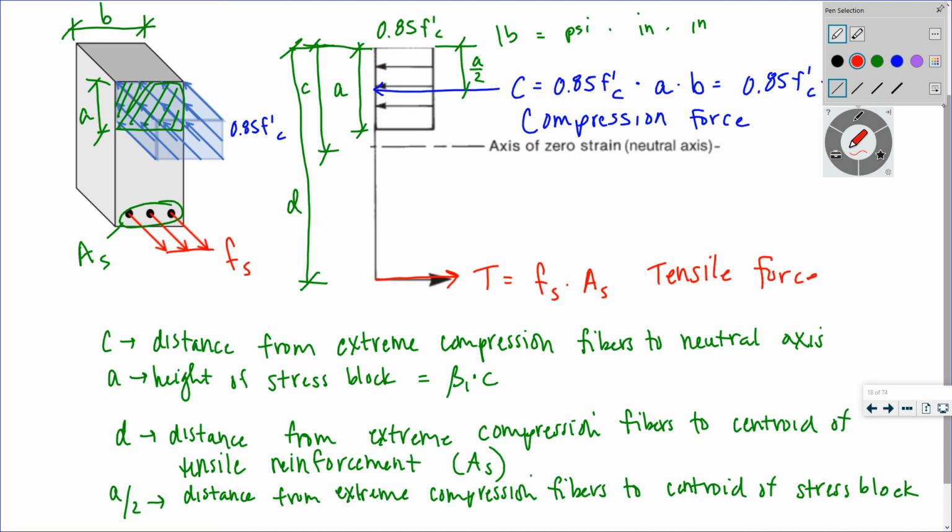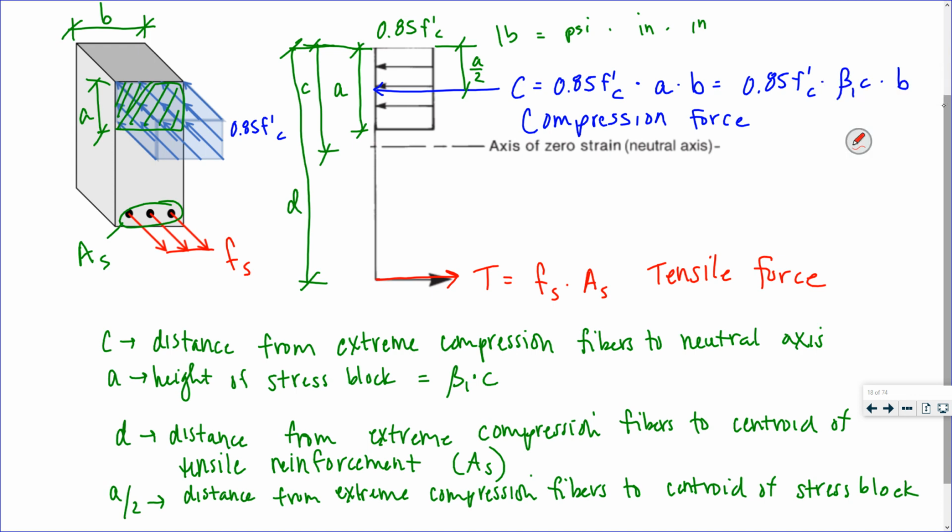We've got a compression force from the compression stress in the concrete in the top half of the cross section, and our tensile force is all coming from the steel. Remember, we're ignoring any tensile strength in concrete. Recall earlier, we're going to set those equal to each other, C equals T for equilibrium, and that is how we will find our capacities.